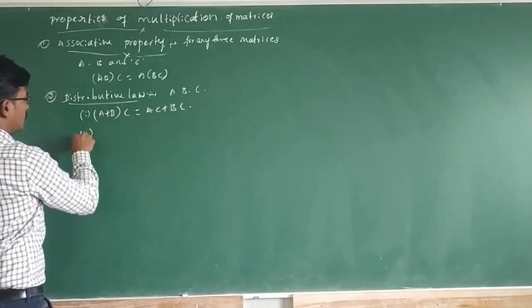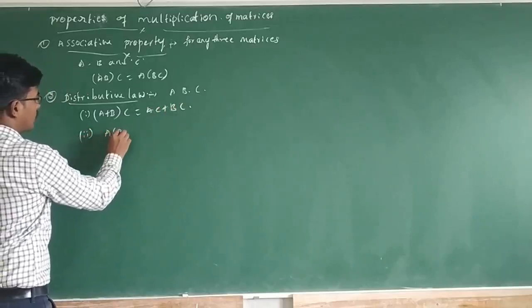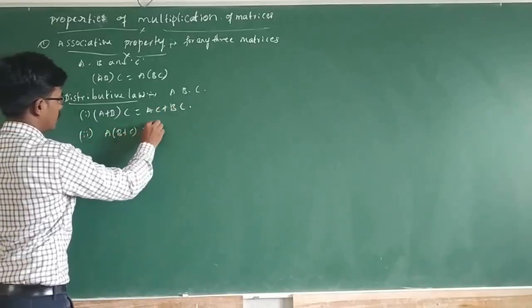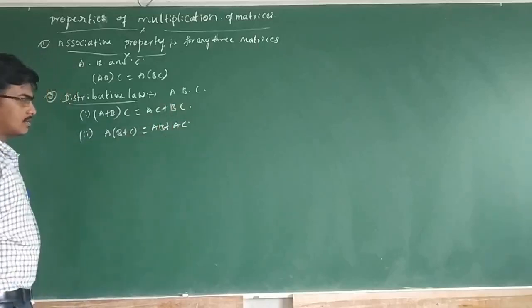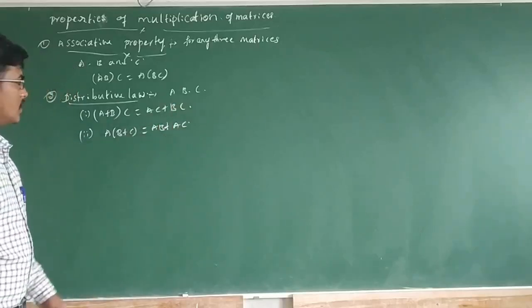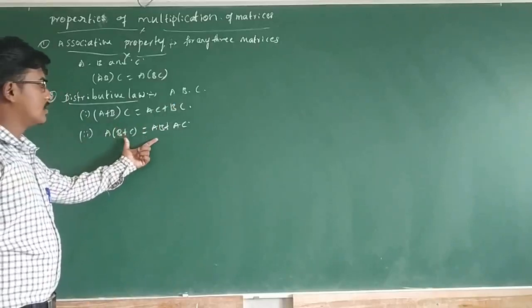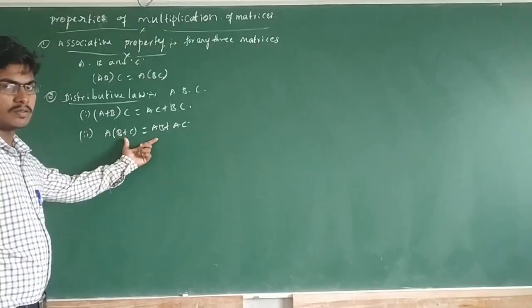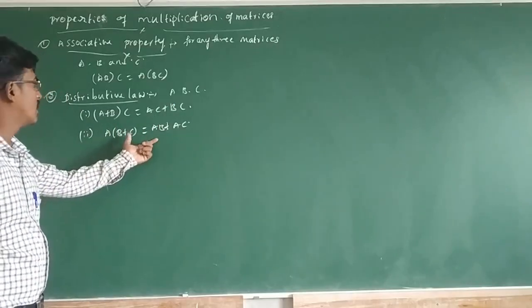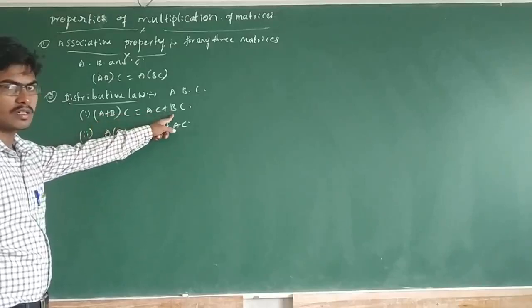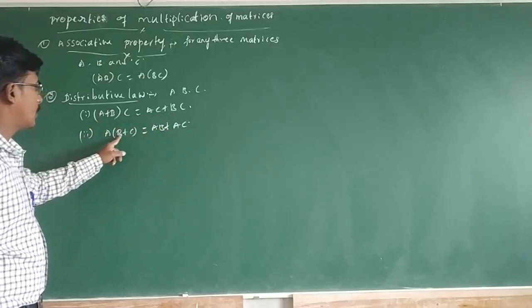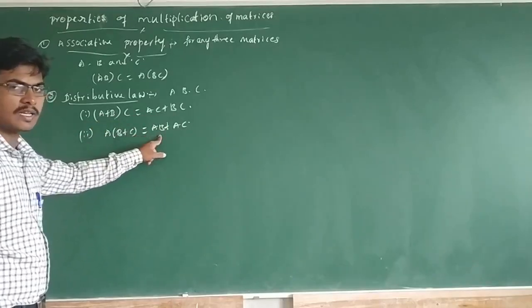Second, A of B plus C is equal to AB plus AC. This is the distributive law. Here both sides of the equality must be defined; only then does A plus B of C equal AC plus BC, and A of B plus C equal AB plus AC.